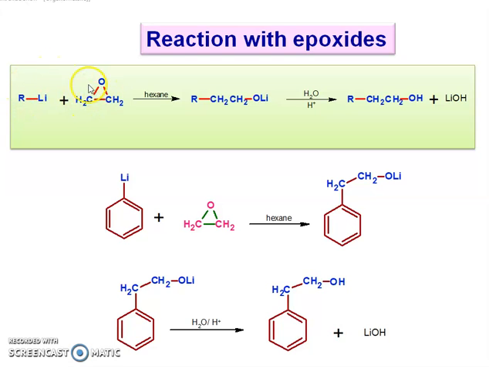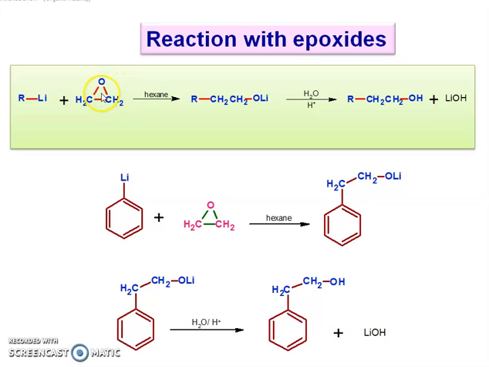Then the ring opens on that side and we get the new intermediate having O minus and lithium plus, right? If this alkyl group attacks this carbon, then what happens?